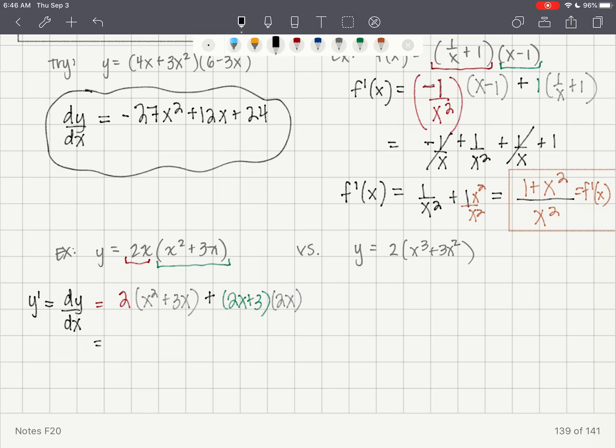And then we're going to distribute: 2x squared plus 6x plus 4x squared plus 6x. So our derivative is equal to, it looks like, 6x squared plus 12x.